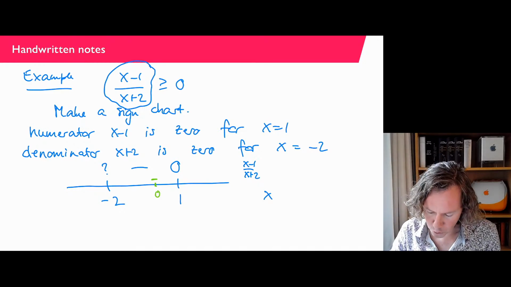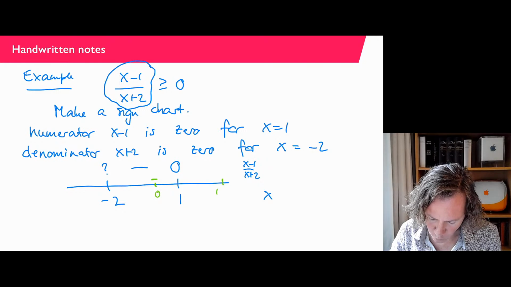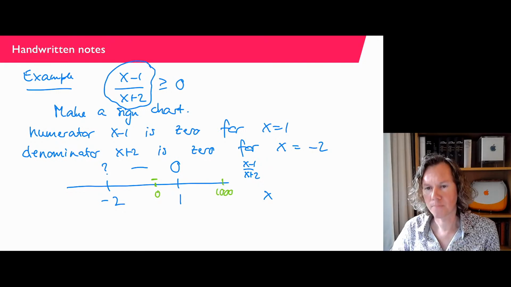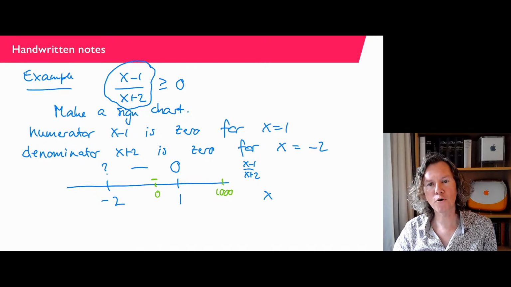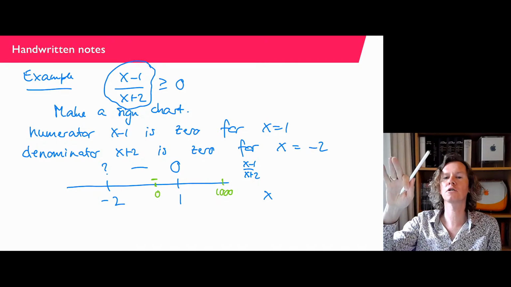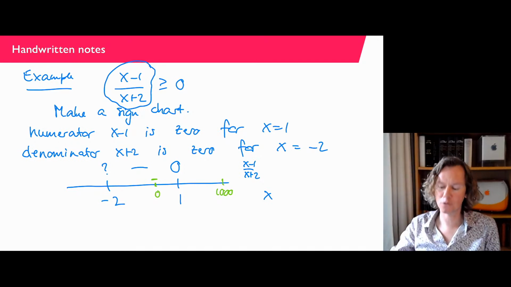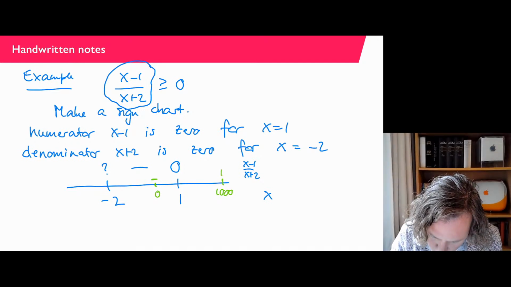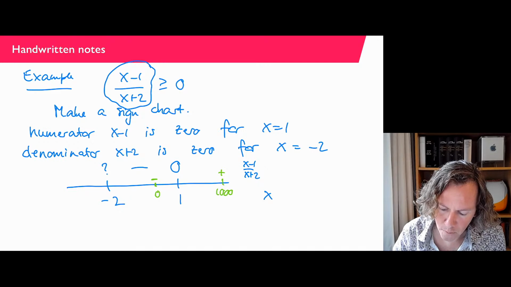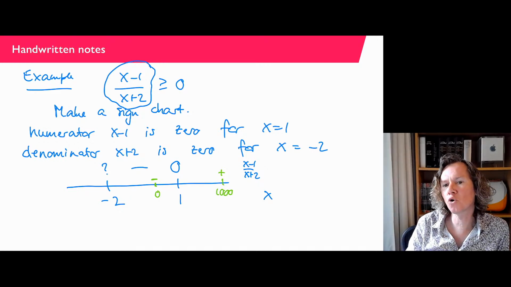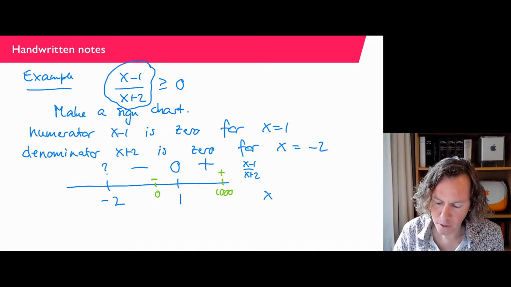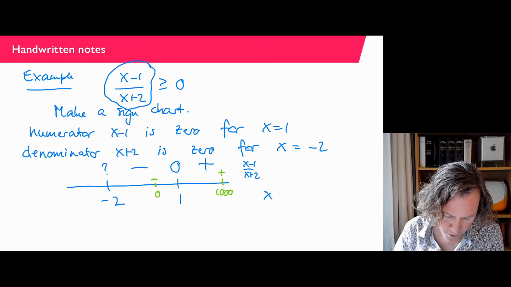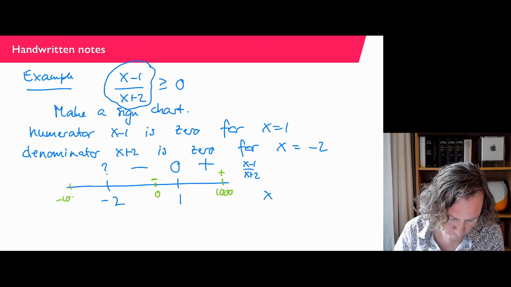So I'm going to pick 1000. If you plug in 1000, my drawing is not up to scale as you see, you get 999 over 1002. That's positive. So I can now conclude that for every x value to the right of 1, this is going to be plus. And then finally, I also pick minus 1000.